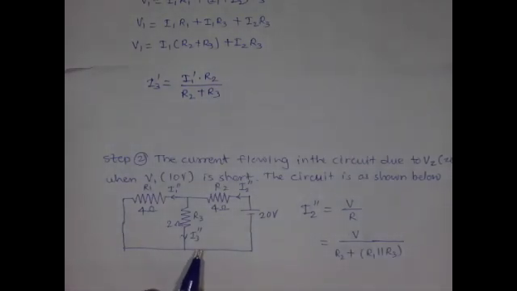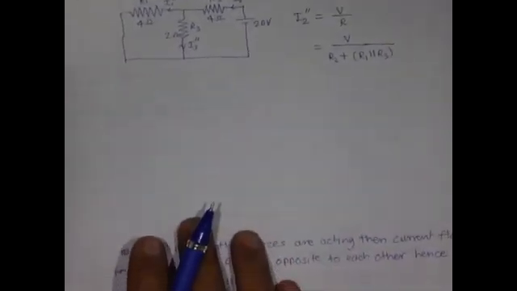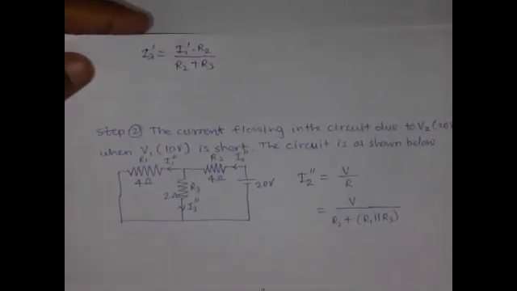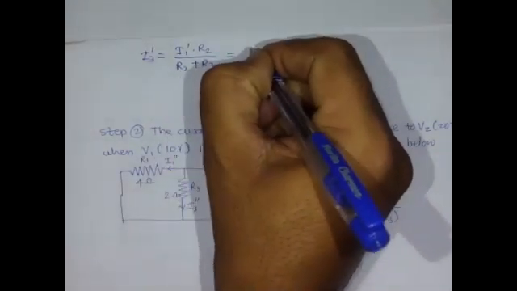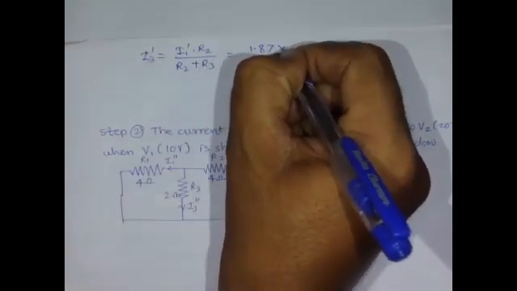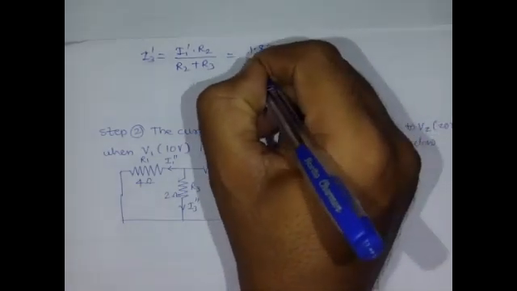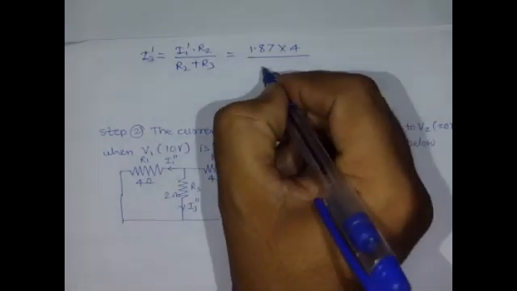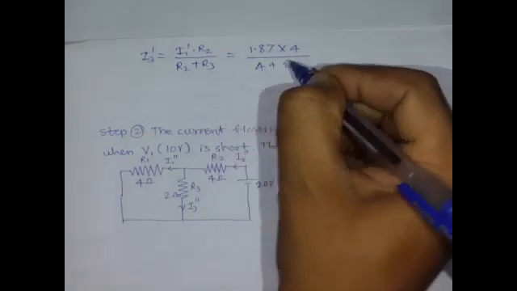Here we must know the formula for the other condition. Here it is 1.87 into the value of R2, which is 4 ohm, divided by 4 plus 2.